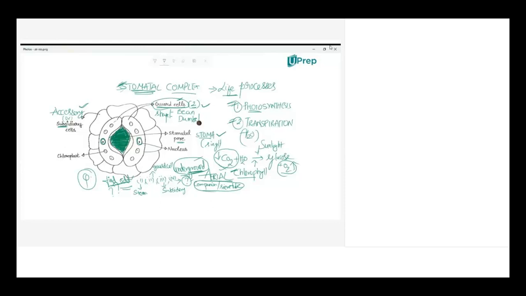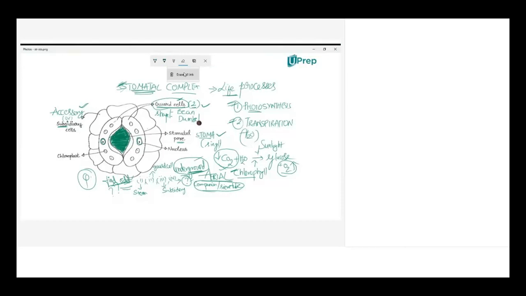Okay, so this is about the stomatal complex and the processes in which the stomata are involved. So when you take the stomata opening process, if you take these as guard cells, and here this is the stoma pore. So how the carbon dioxide gets in and how the oxygen goes out for the process of photosynthesis, or diffusion of gases, in other words.